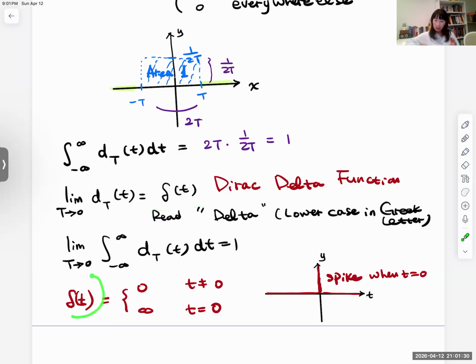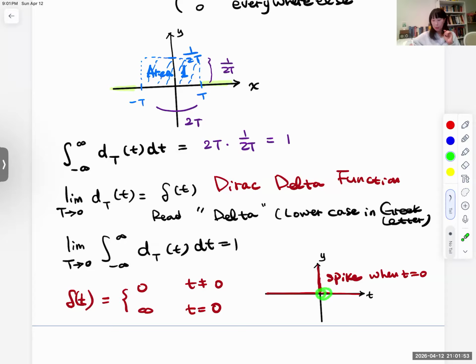Then this Dirac delta function, when t is not 0, is 0. So everywhere is 0 except t equal to 0, where there is an open dot.